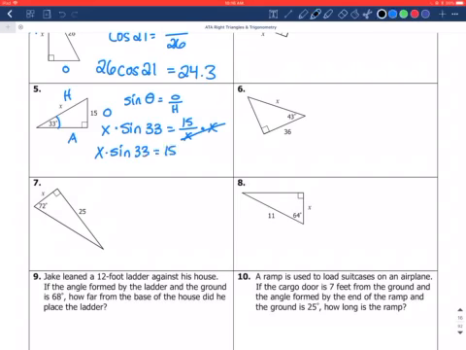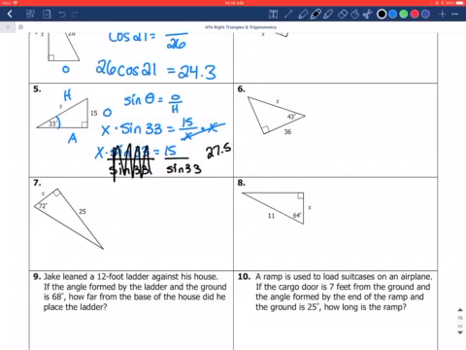And then afterwards, if I'm solving for x, and that's multiplication, I'm going to divide both sides, sorry, not by x, I'm going to divide both sides by the sine of 33 degrees. So my final answer here is just x equals 15 divided by the sine of 33 degrees. And we'll type that in and get an answer. And that would be, let's see here, 27.5.